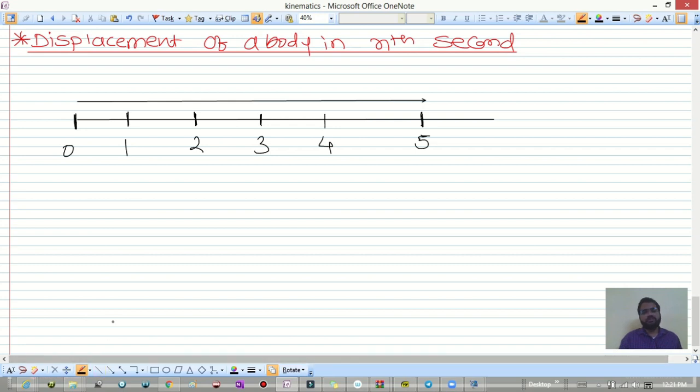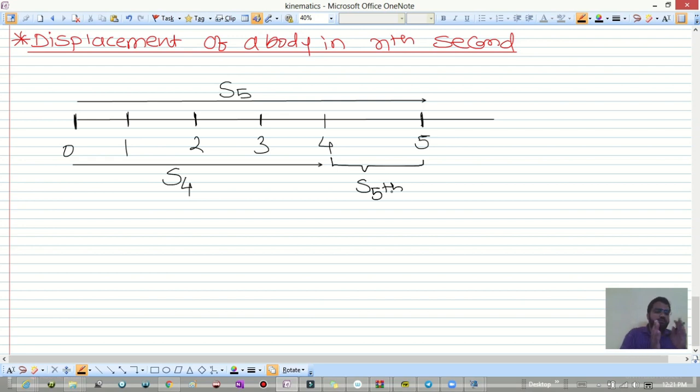So I have to calculate firstly the displacement of a body in 5 seconds. And if I just subtract from this the 4-second displacement, isn't it? I'll get this displacement, and this is called the 5th second displacement. What is 5th second displacement? From 4 seconds to 5 seconds, whatever displacement is there, that is called displacement in 5th second.